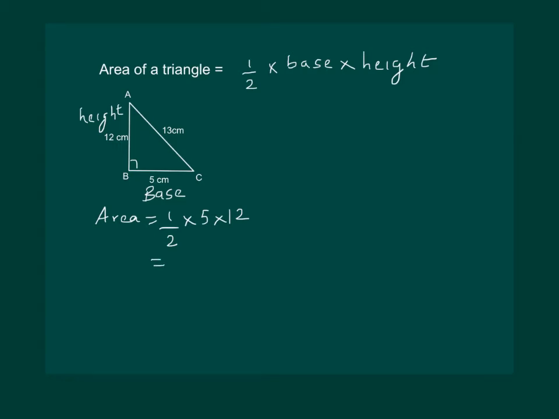So we get the area as 30 centimeters square. Note here that we can interchange height and base. That means we can consider AB as the base while BC as the height.